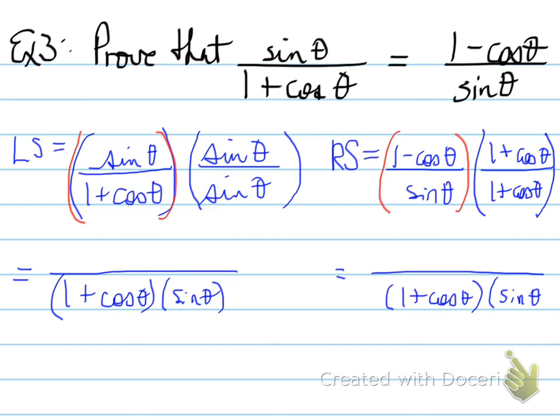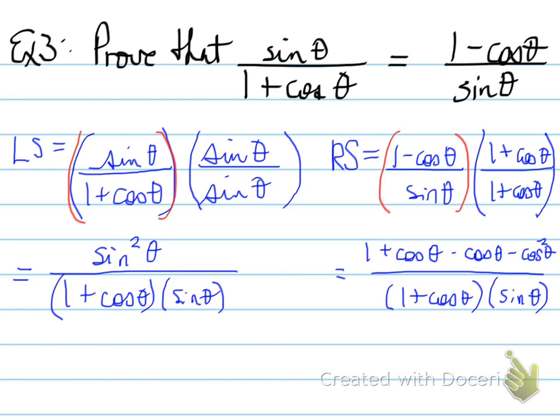Note the left side and the right side now have the same denominators. That's a goal, because if they both have the same denominators, somehow we'll be able to find the same numerators. In the left side, the numerator is going to be sine squared theta. On the right side, you're going to expand this using FOIL to have 1 plus cos theta minus cos theta minus cos squared theta.